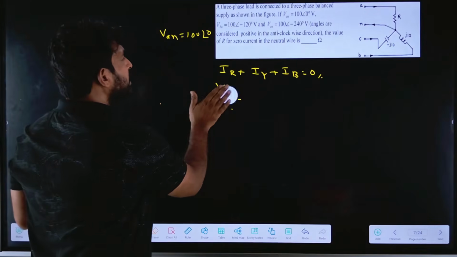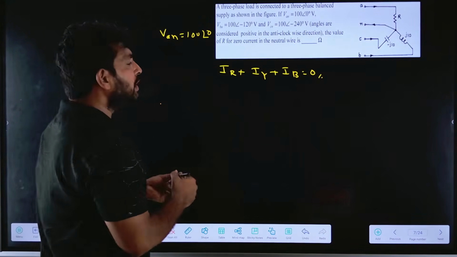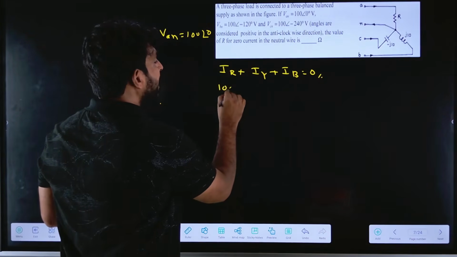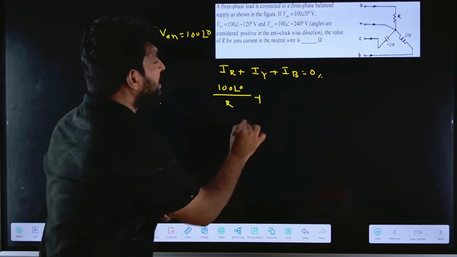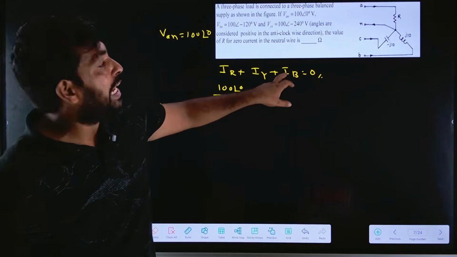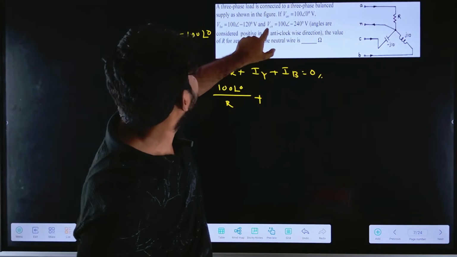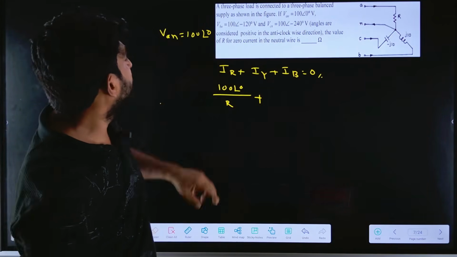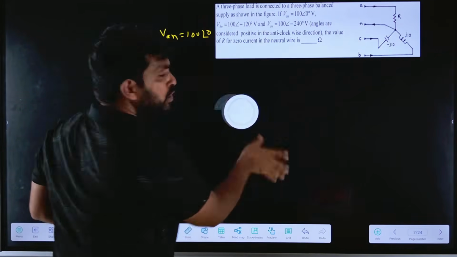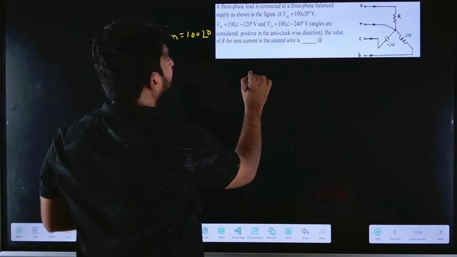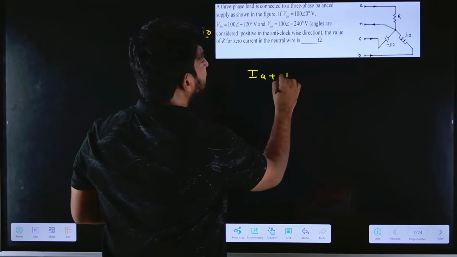So let me represent it directly as a value: 100 at an angle 0 divided by R. So what is the IY value? It is represented with ABC, so let me use the same analogy. IA plus IB plus IC equal to 0.